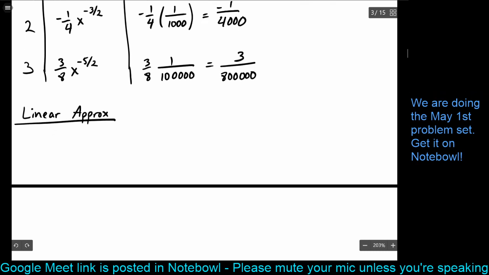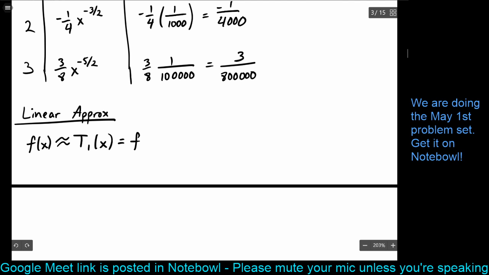We're going to take the first degree Taylor polynomial. So f of x is approximately equal to what I'll call t1 of x, to stand for the first Taylor polynomial.